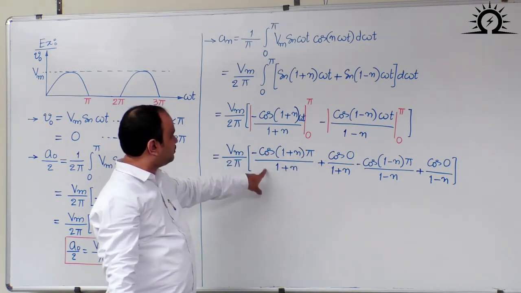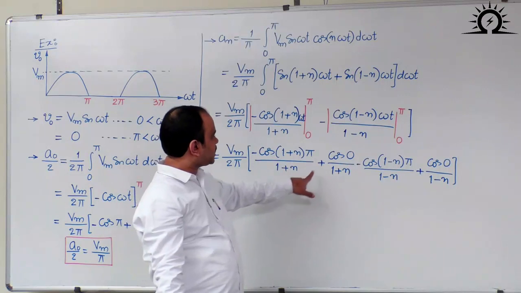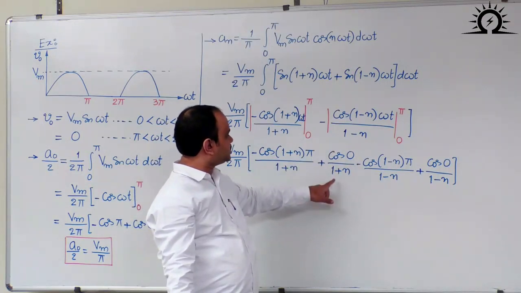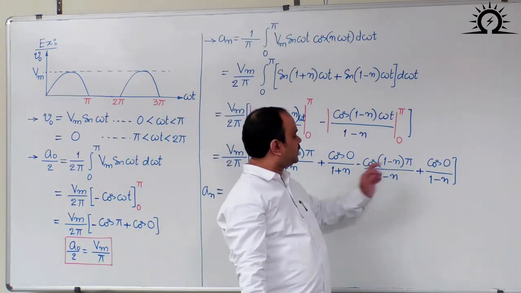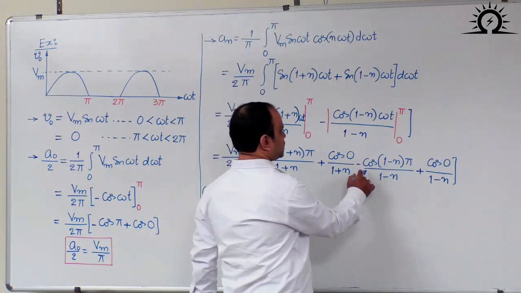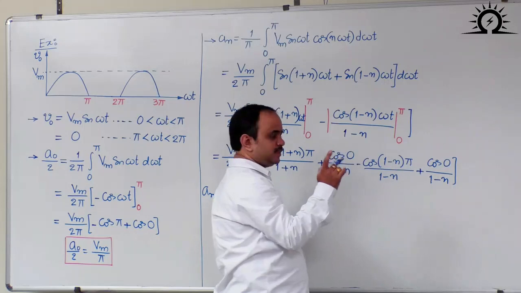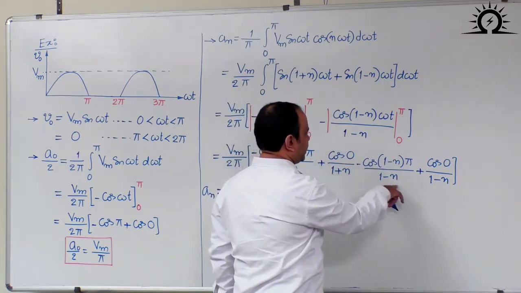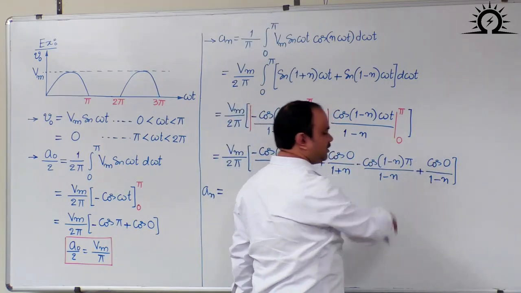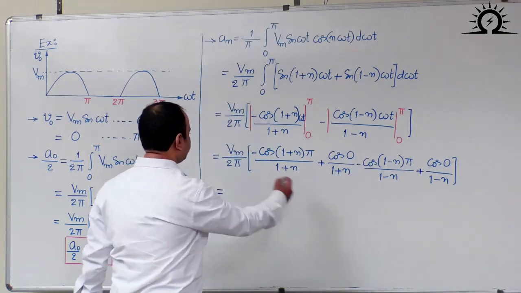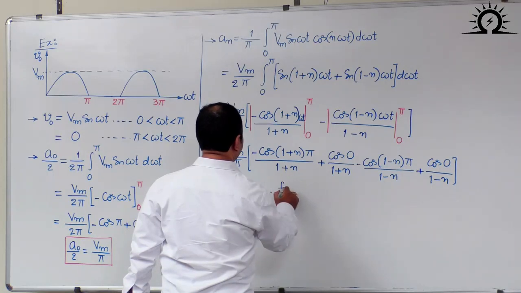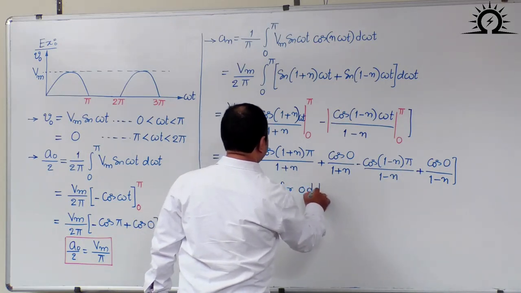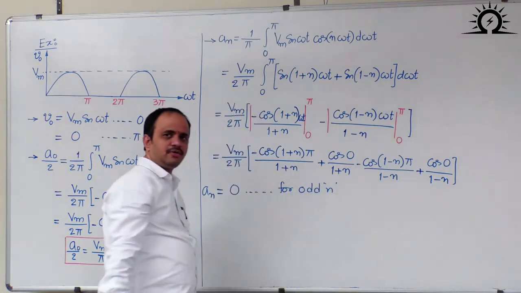So minus 1 by 1 plus n plus 1 by 1 plus n. These two terms will get cancelled out. If n is odd number, this term is cos even pi, that is 1. So minus 1 by 1 minus n plus 1 by 1 minus n. So all together we will get 0. So an is equal to 0 for odd value of n.